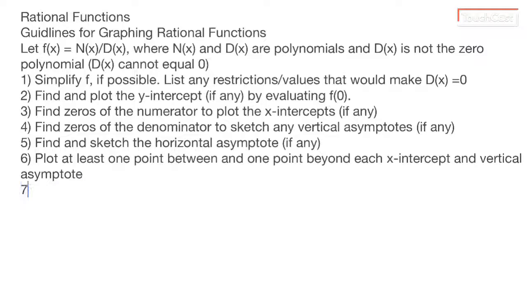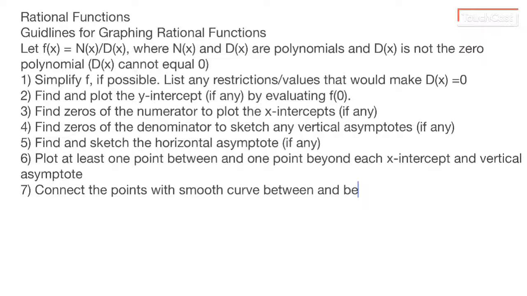And then the last thing you're going to do is you're going to connect the points with a smooth curve between and beyond the vertical asymptote. So let's look at an example on how we would actually do this.